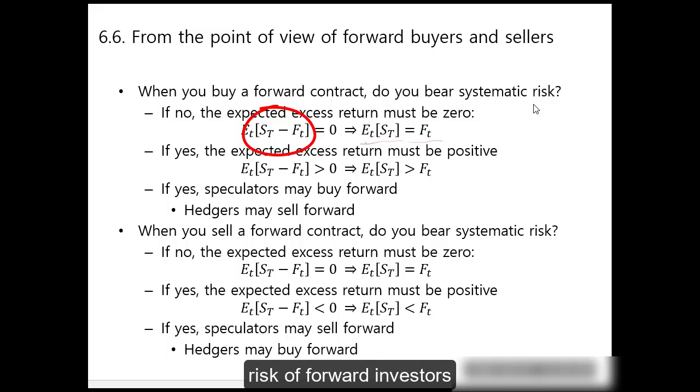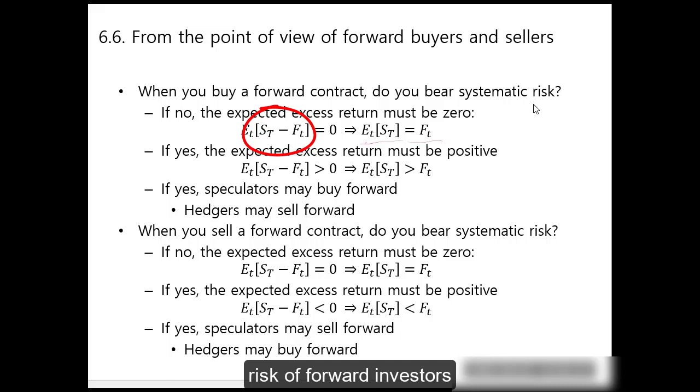So when you have a long position, this is your profit. If the spot price is high, you have profit. If the spot price is low, you have loss. So in a sense, we may call this part the expected profit to you when you have a long forward position. So what this says is that if there's no risk, then your expected profit is zero.